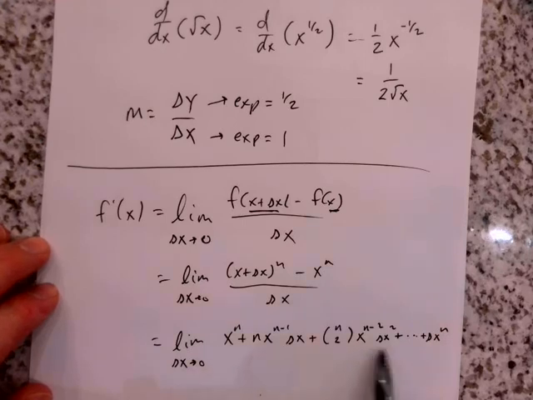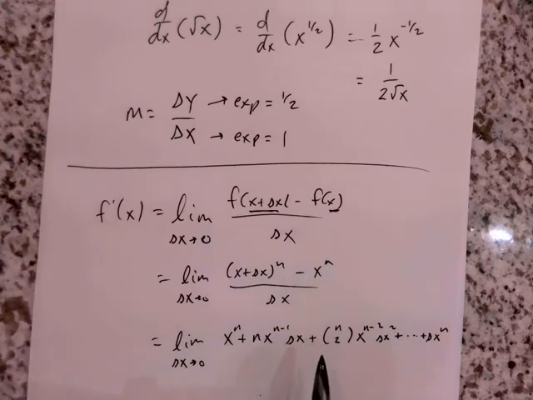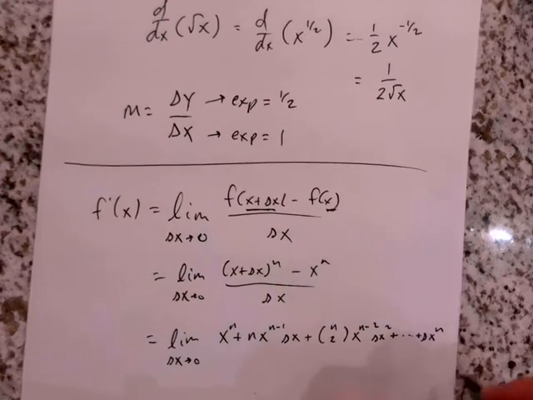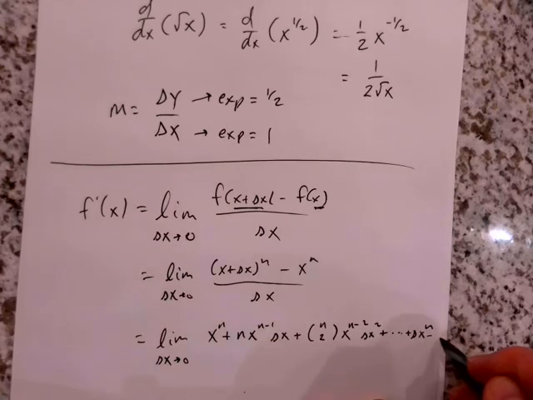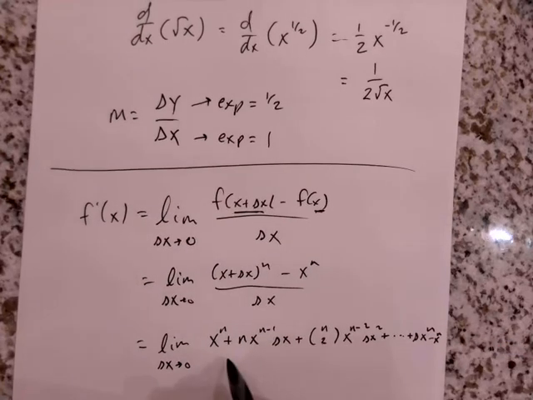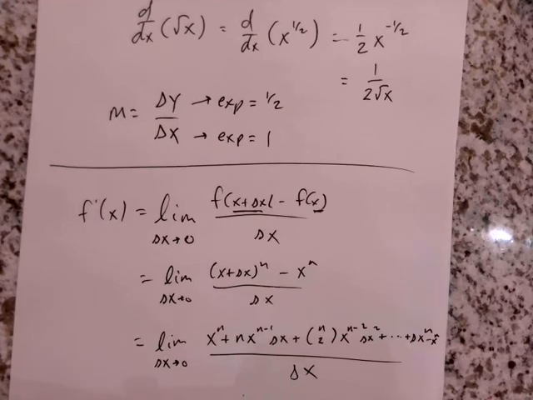So this is the expansion of that binomial term. This right there is a combination which you may not be familiar with yet. If you aren't familiar with it, don't worry. And if you're curious, as I said, I'll post a video about it as well. But we have this minus x to the n, all over delta x.